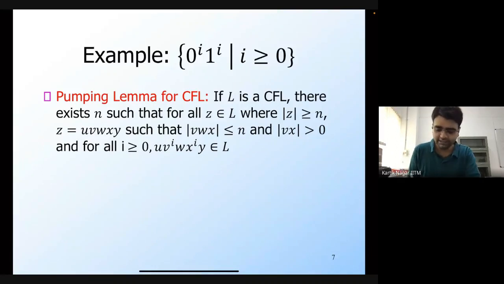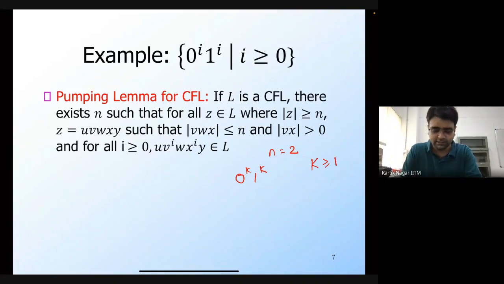So you can take n equal to 2 here. So let's take n equal to 2. Now for n equal to 2, if you take any string z in L whose length is greater than or equal to 2, let's say I take the string 0^k 1^k. Since the length should be greater than or equal to 2, it means that k should be greater than or equal to 1.